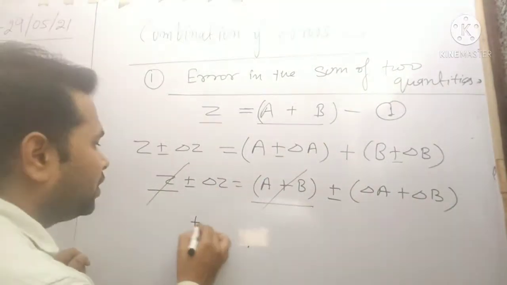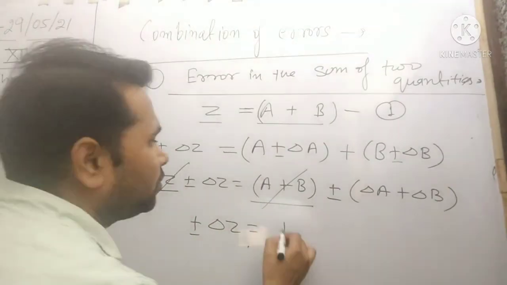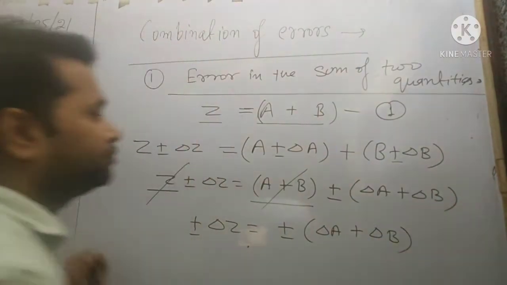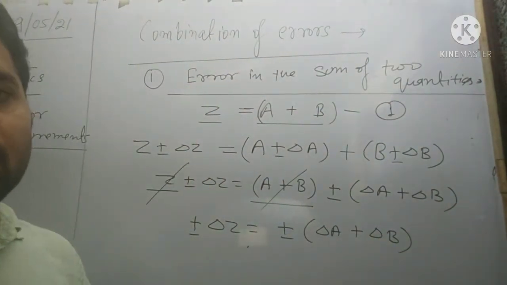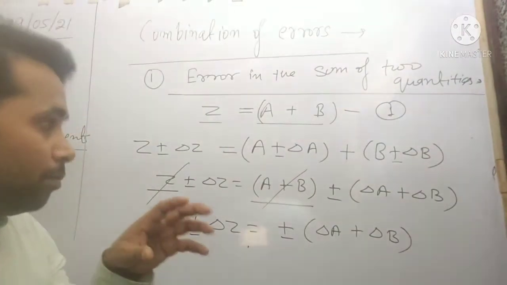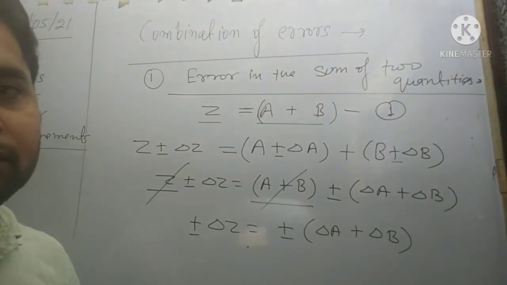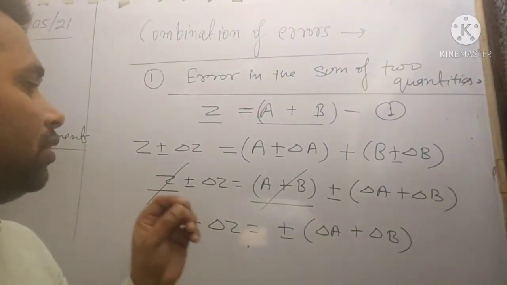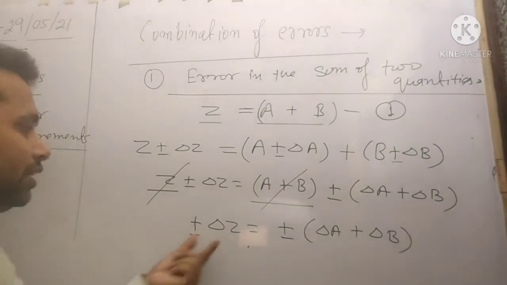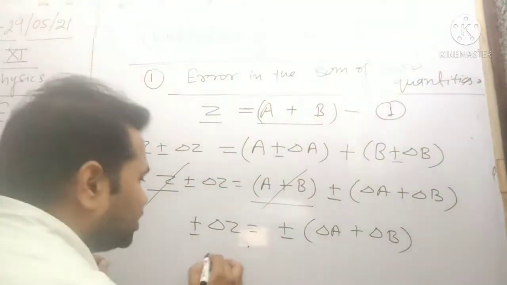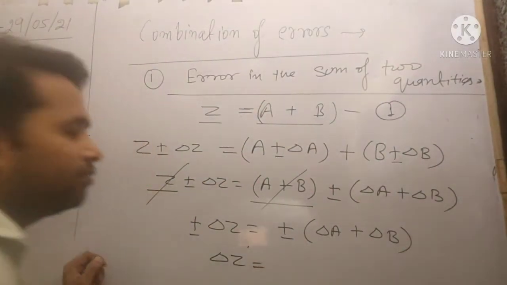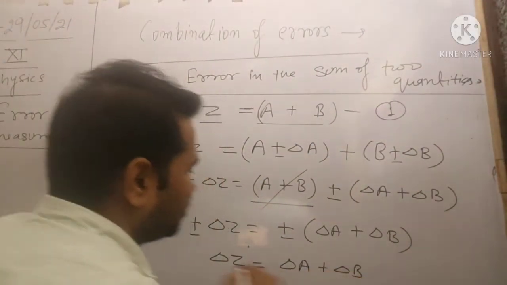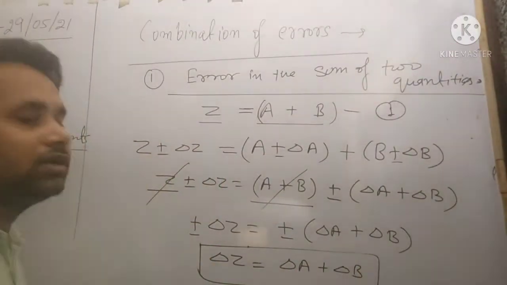Finally we have plus minus delta z equals to plus minus delta a plus delta b. Now the maximum possible error, maximum means in positive we can take the maximum possible error in the sum of two quantities is represented by delta z, and it is equal to delta a plus delta b. This is our answer. This is our result.